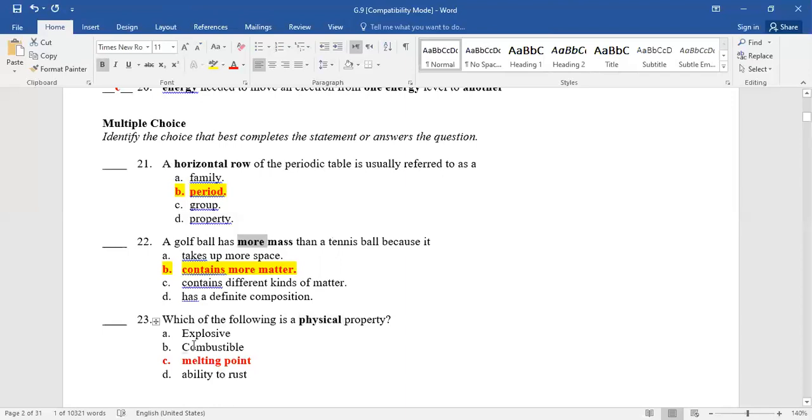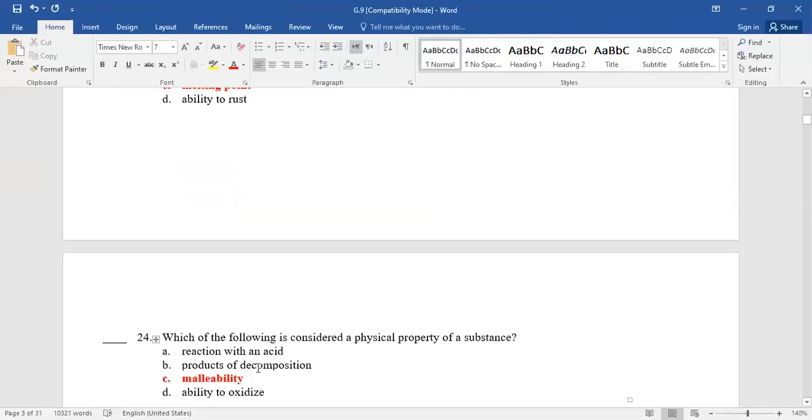Explosives are going to explode, and that's a chemical reaction. Combustible, like a lighter, you can start to burn, is a chemical reaction too. Ability to rust is the reaction of metals with water vapor and oxygen, an oxidation reaction too. So the melting point is going to be a physical property, because no chemical change happened there.